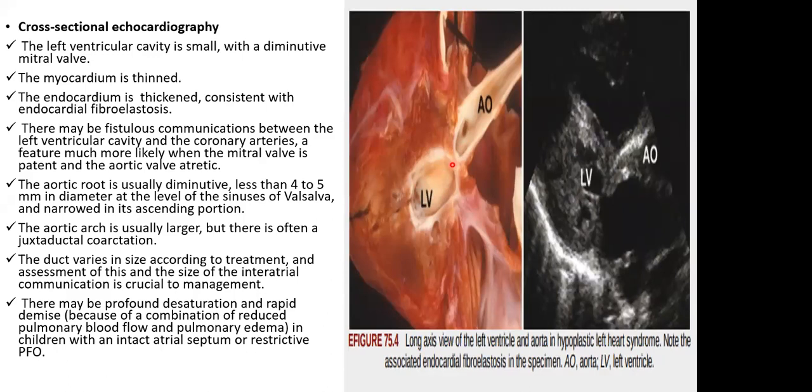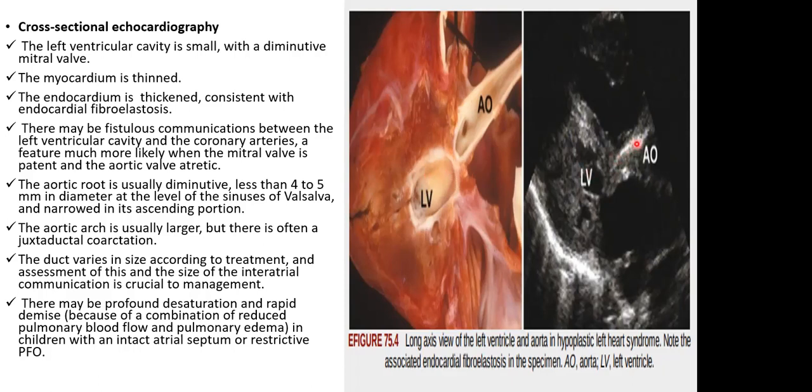So in this case, the cause of this hypoplastic left ventricle is the atretic aortic valve. Because blood is not getting into the left ventricle, it becomes non-functional and then hypoplastic. And then the myocardium is thinned out, the endocardium is thickened. So that's basically what happens in a patient with hypoplastic left heart syndrome.